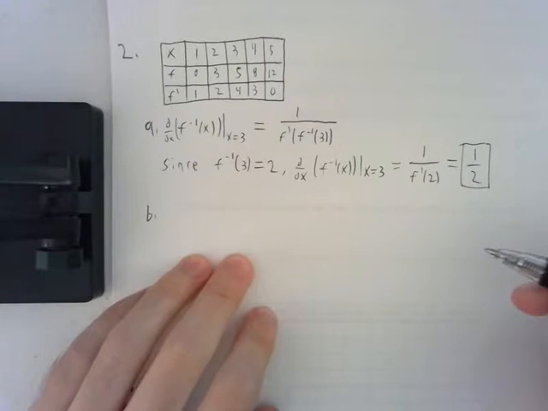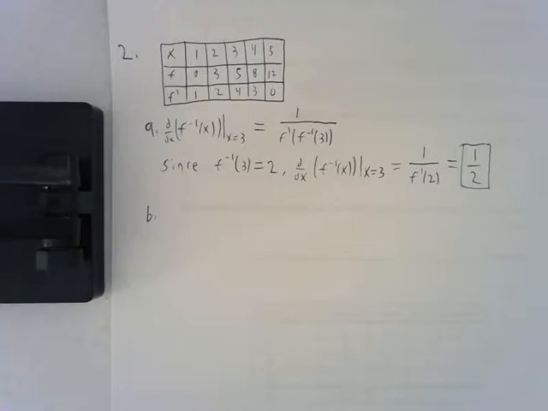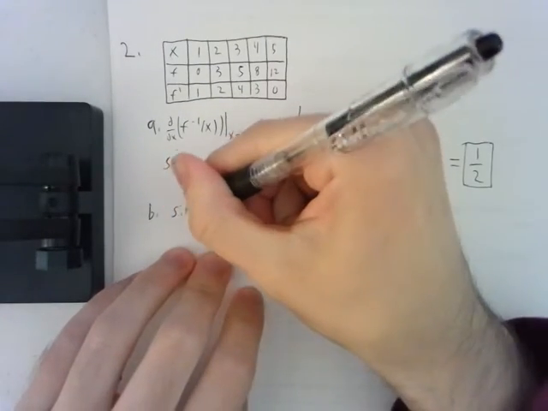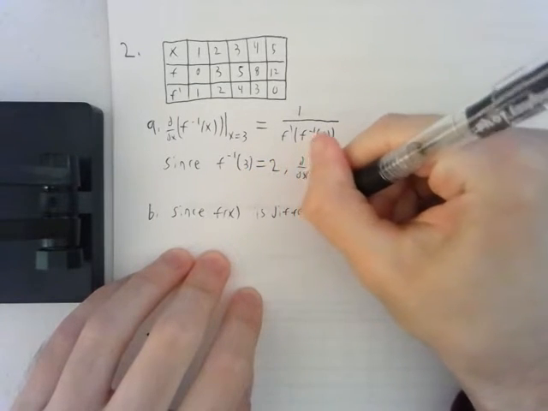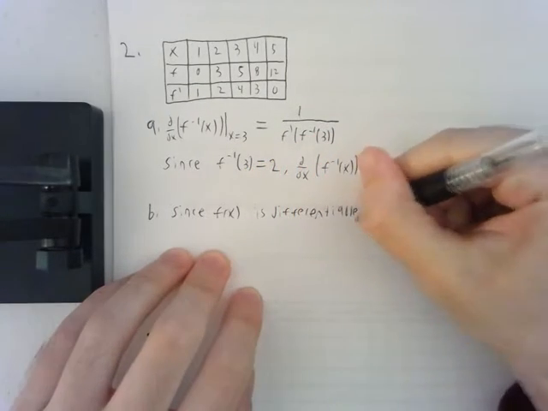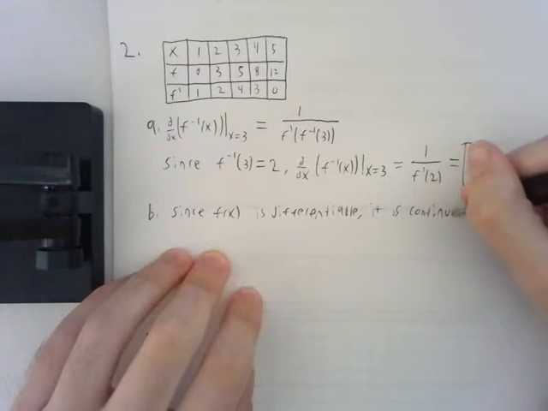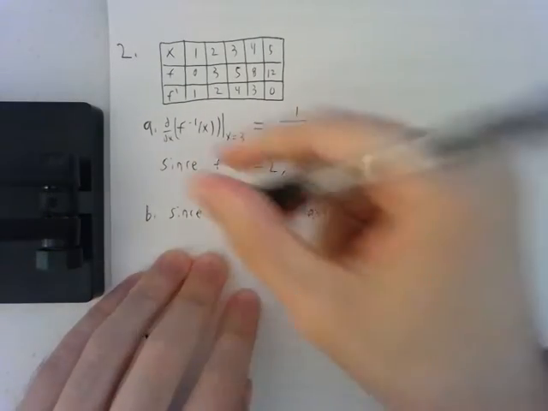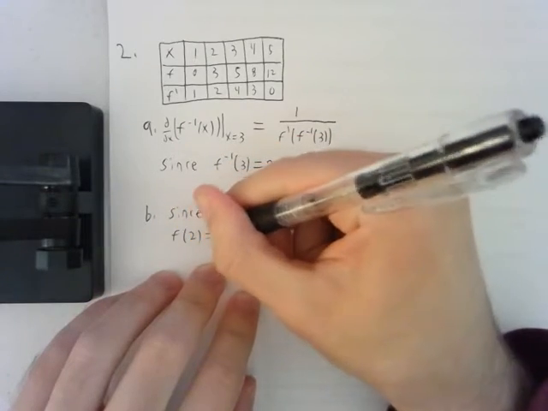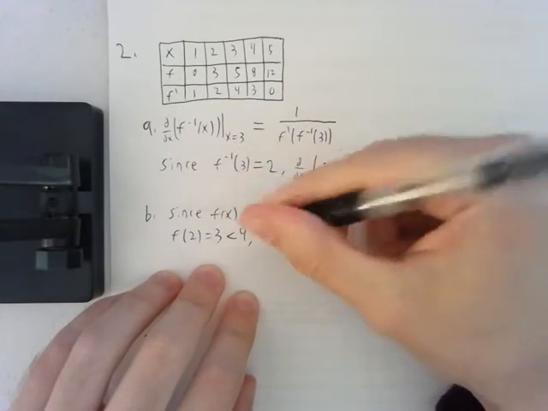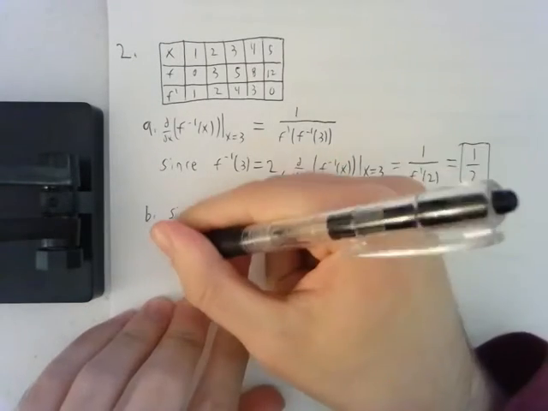So to argue this rigorously, we first need to know that the intermediate value theorem applies. We need to know that f of x is continuous. So since f of x, we're told, is differentiable, that means it is continuous. And we know that f of 2 is equal to 3, which is less than 4, and f of 3 is equal to 5, which is greater than 4.